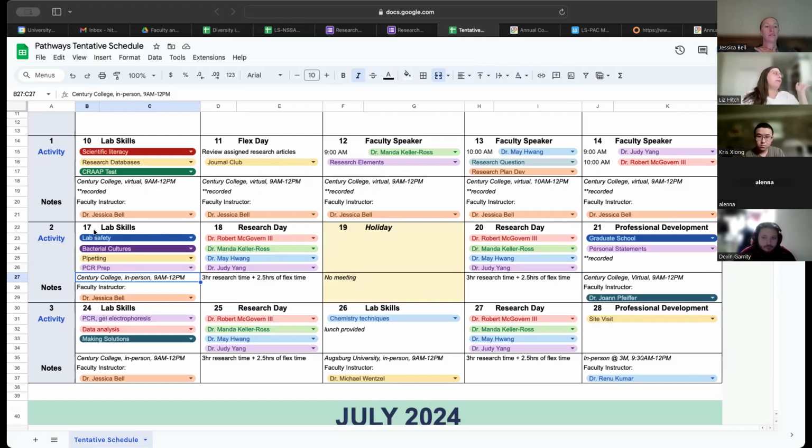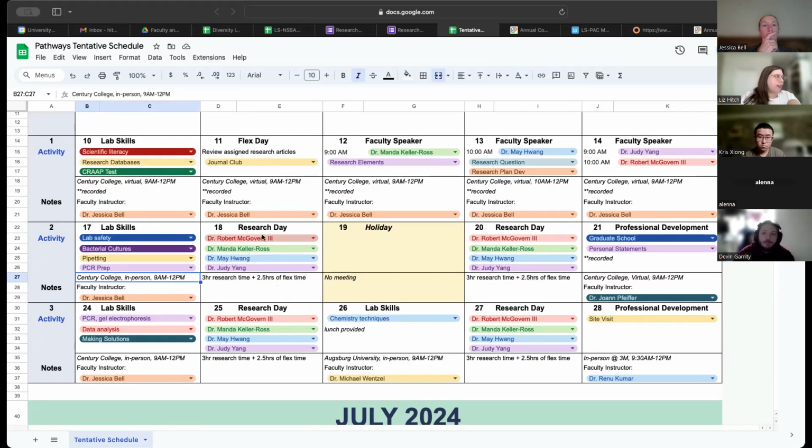So for example, let's say on Monday the 17th, you're going to the lab skills from 9 a.m. to noon. Let's say you cannot go to the research lab on Tuesday the 18th, you're not available at all. And instead, you're going to use your afternoon on Monday the 17th to go to research lab.